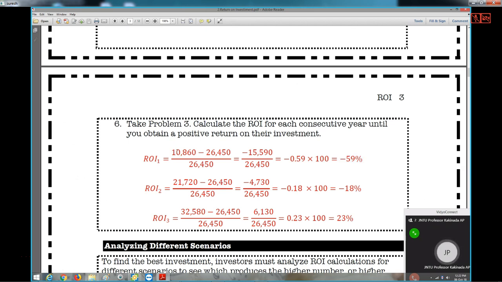So return on investment is only minus 59%. At the second year, cumulatively we got 2 into 10,860, 21,720, minus 26,450 divided by 26,450, which gives return on investment at the end of second year of minus 18%.